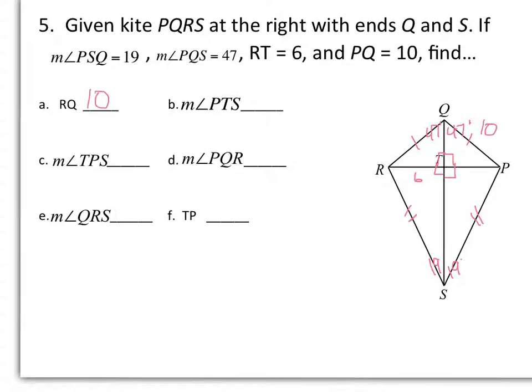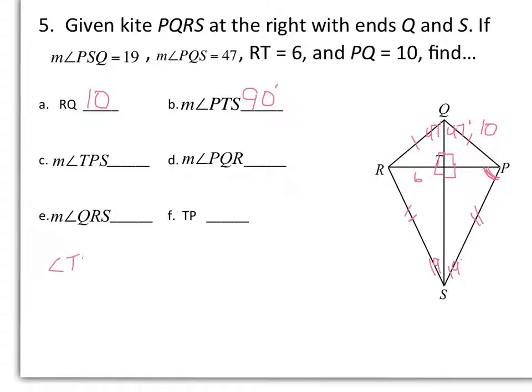In B, measure of angle PTS. So PTS is just our right angle in the center. So that's 90 degrees. In C, angle TPS. So that's this side of the angle here.